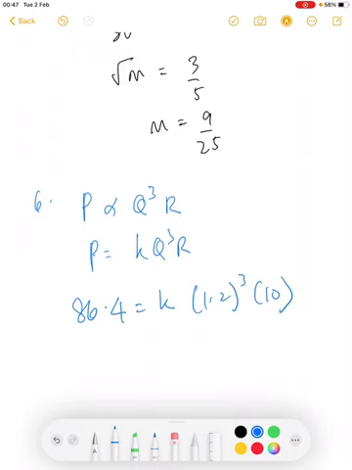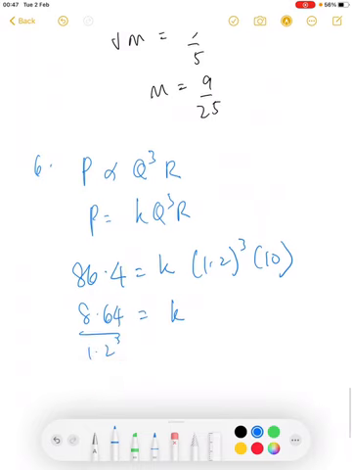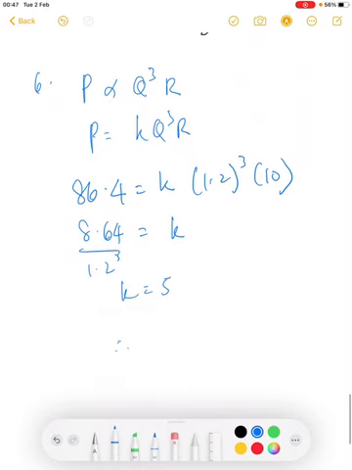R equals to 10. So K equals 8.64 divided by 10, 1.2 cube. So K equals to 5. Hence P equals to 5 Q cube R.